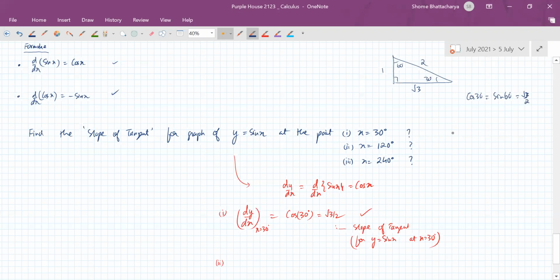So you don't need to memorize any table. Sine 30 is equal to cos 60 is equal to half. Okay, this one, then the 3, 4, 5 triangle, 37, 53, 90.